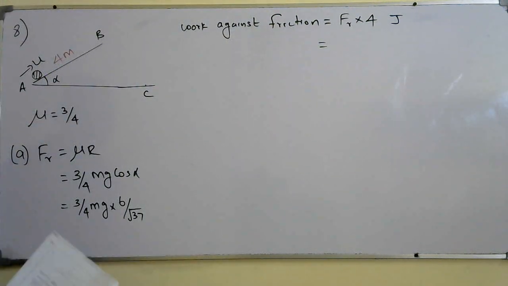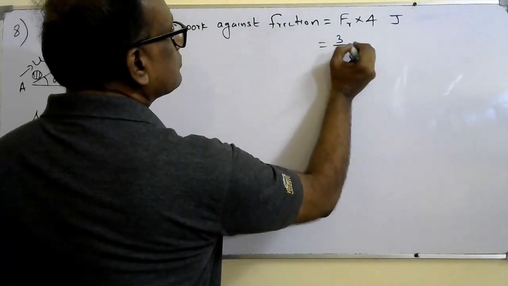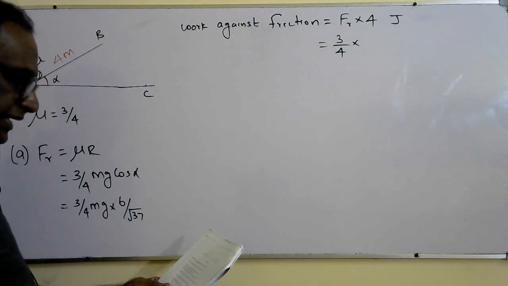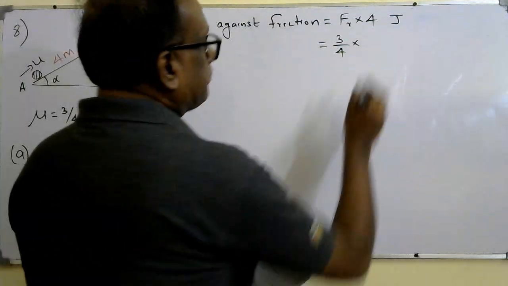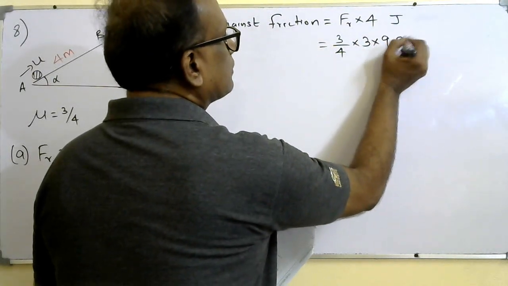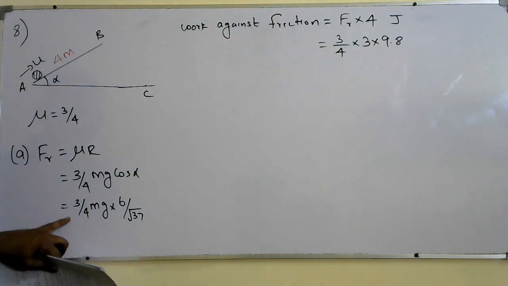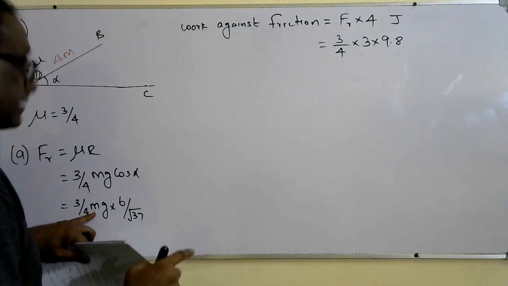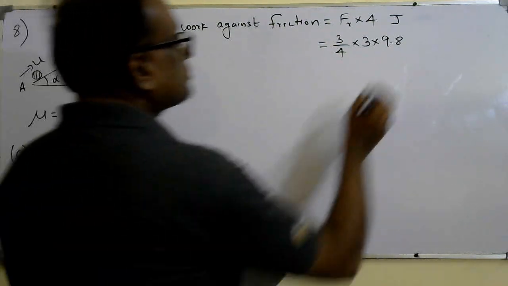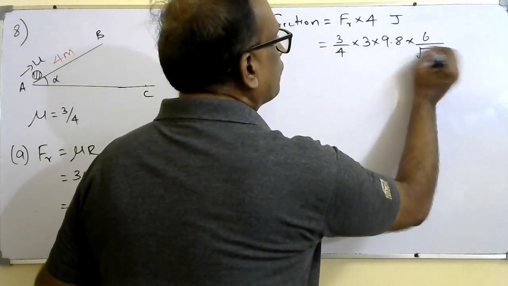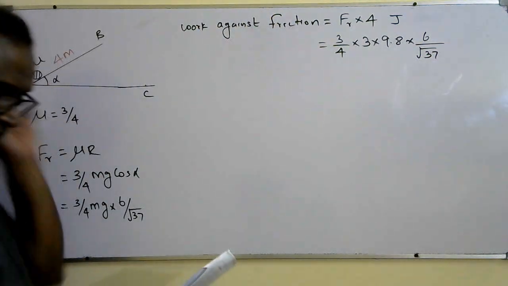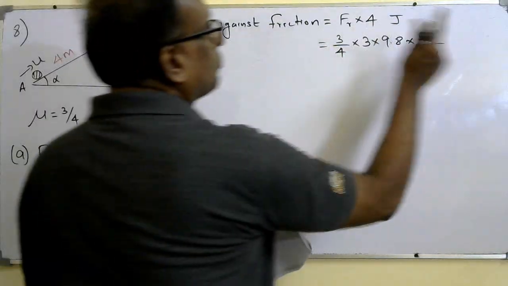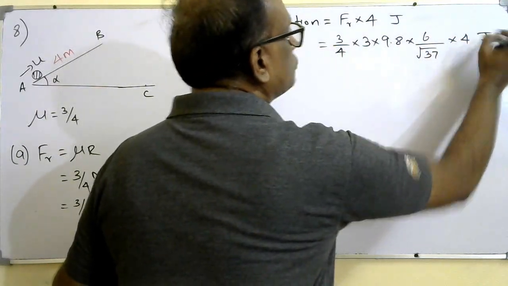So that is 3 by 4, mg, mass is given as 3 kilograms, so 3 into 9.8, into 6 over square root of 37, into 4 joules.